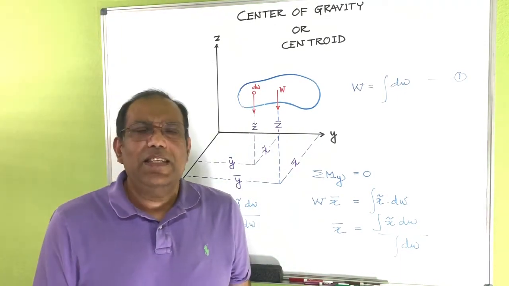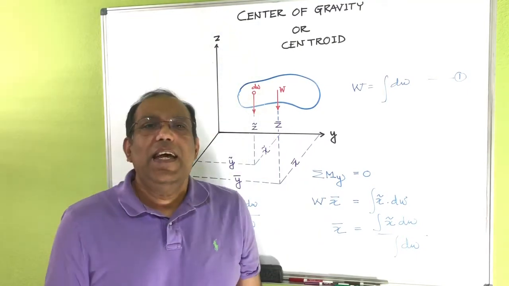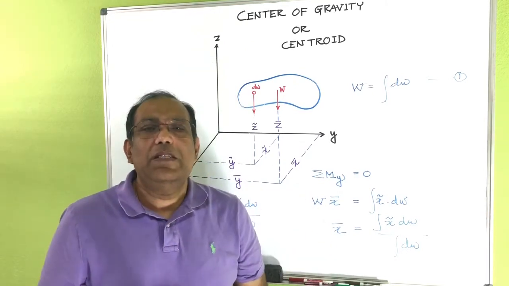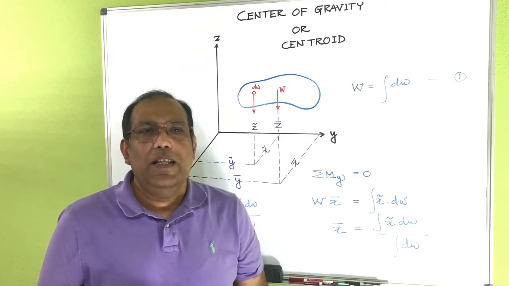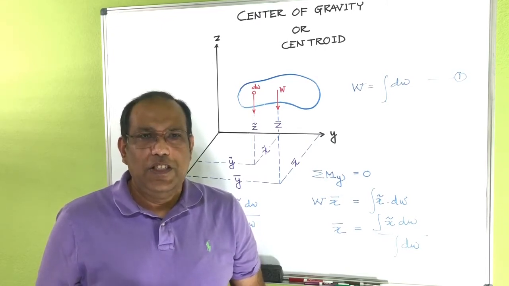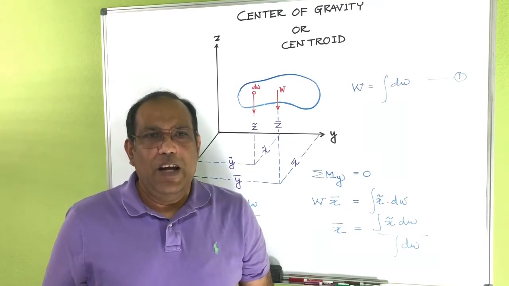In many cases, when the thickness is uniform or constant throughout the cross section, we can find the centroid of an area, which is the same as the center of gravity.